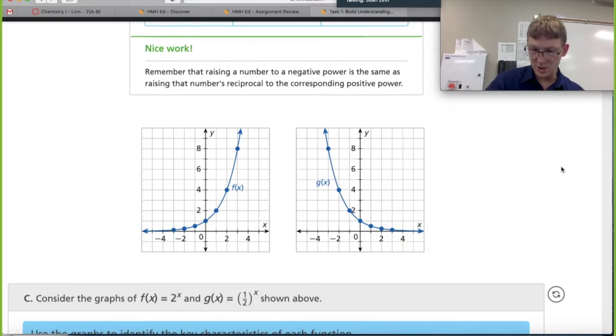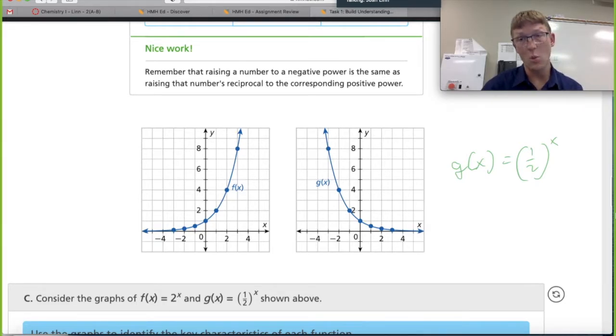But if our g of x is equal to 1/2 to the x, so again, 1 is going to be 1/2. 2, you're going to take 1/2 divided by 2. 3, you're going to divide by 2. 4, you're going to divide by 2. 100, you're going to divide by 2, divide by 2, divide by 2. So on and so forth. You're still going to have a positive number. So this curve here, this is an exponential decay, gets closer and closer to 0, but never actually touches 0.